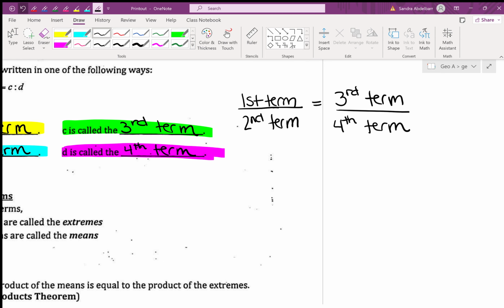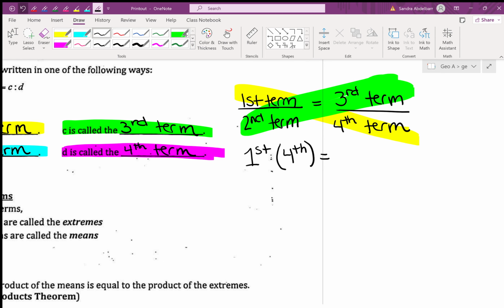So then what happens when you cross multiply? What ends up happening is every time you cross multiply, the first gets multiplied with which term? The first and the fourth get multiplied together. And then on the other side of the equal sign, what happens? The second and the third get multiplied together. Do we all agree? Okay, we'll keep that in our heads for later.